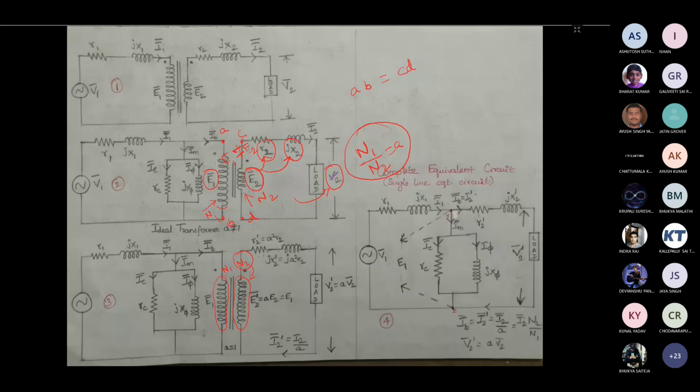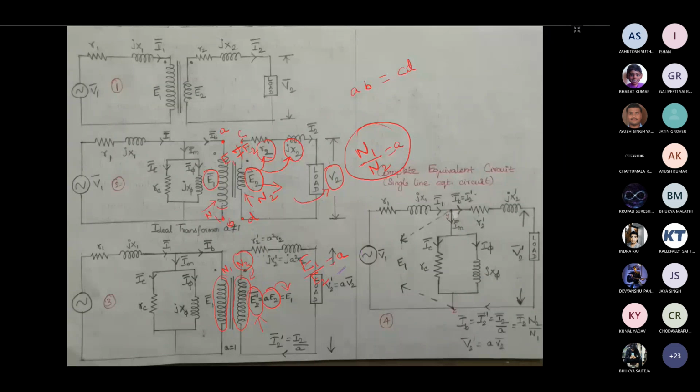This E2 dash is what they call the referred component. E2 was there before. With the transformation ratio, I have considered it as a into E2. I multiplied the transformation ratio in such a way that it will be equal to E1. We have already seen E1 divided by E2 is equal to a.